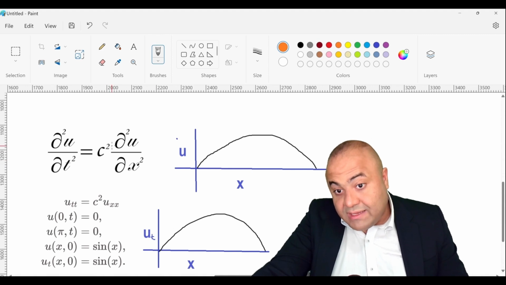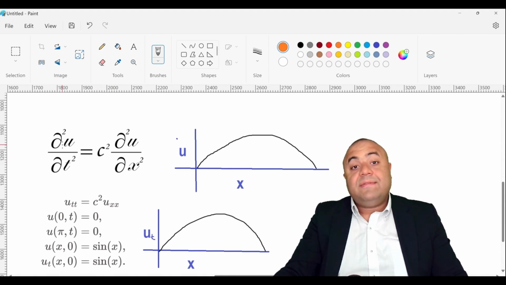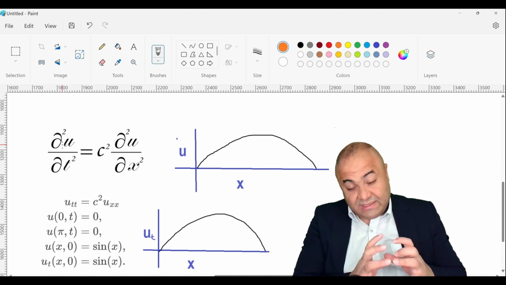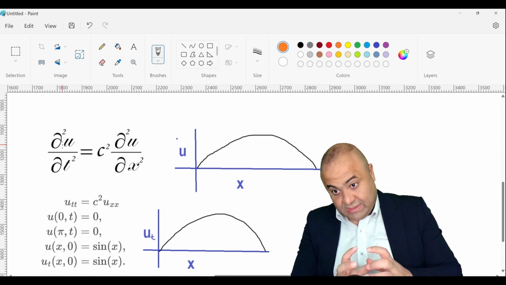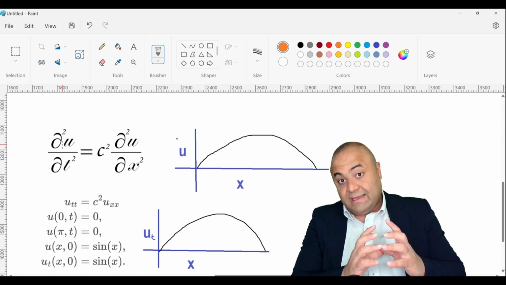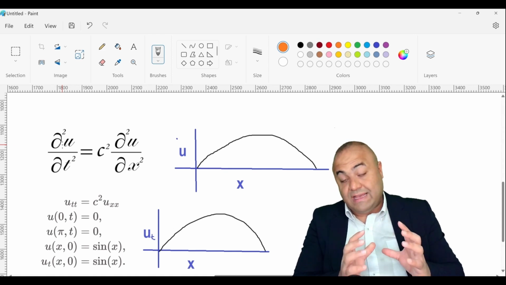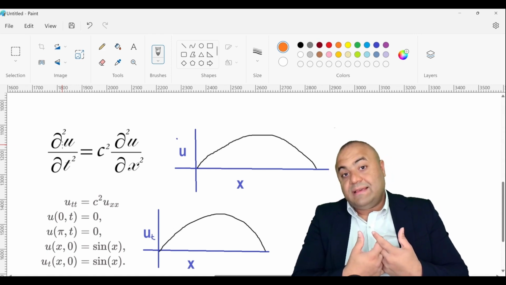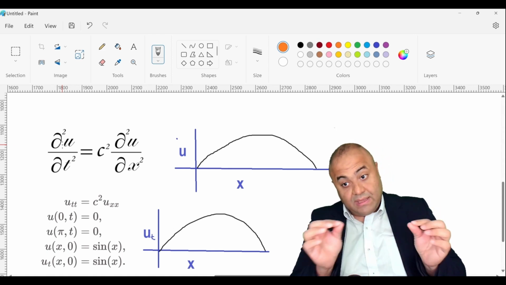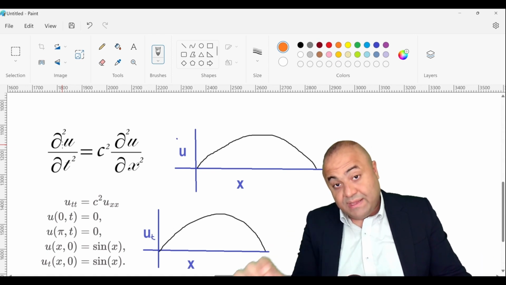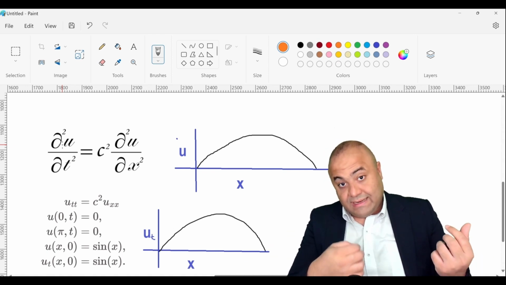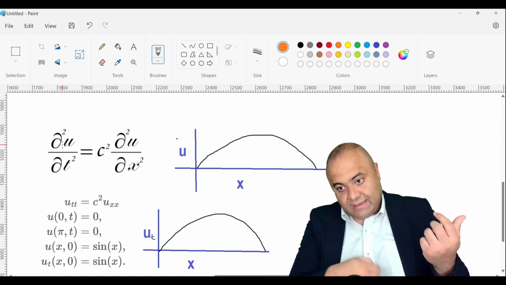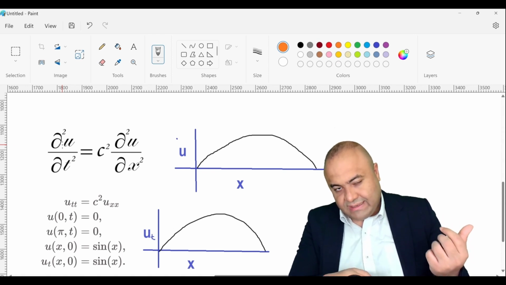It will be multiplied by c squared, and c squared is a constant that the wave speed will be related to. It basically defines a property of that string. And why c squared? Because this equation came from describing the strings of something like a piano, musical instruments.